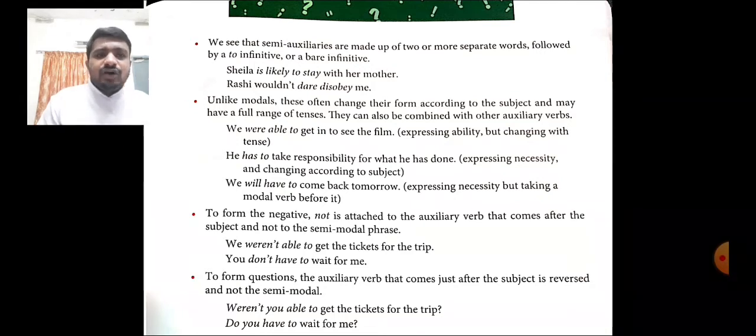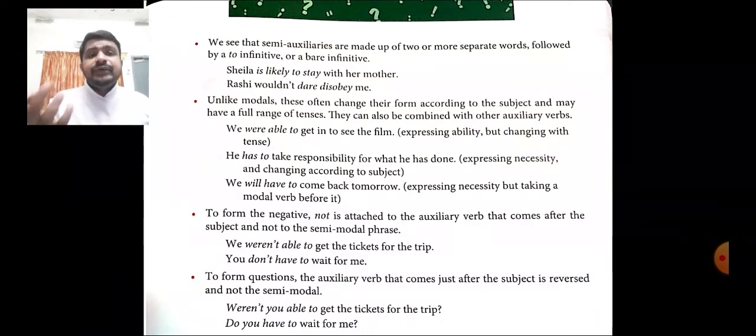Unlike modals, these often change their form according to the subject and may have a full range of tenses. They can also be combined with other auxiliary verbs. We have seen that modal auxiliary verbs will not be changed according to the subject. But these semi-modals can be changed according to the subject, and they can be used in almost all the tenses.